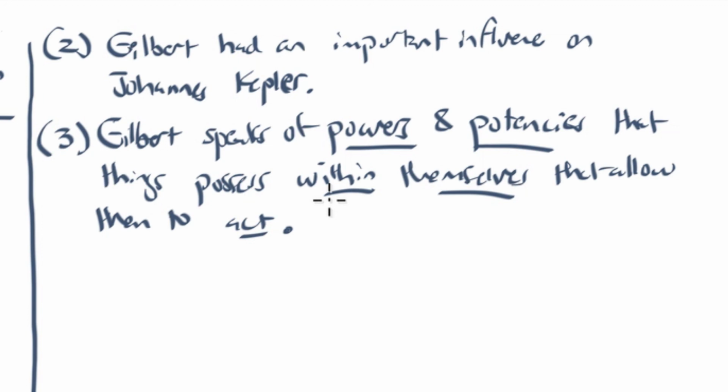This talk of powers and potencies eventually in the modern era would give way to the idea of inert matter or atoms that are governed by laws from outside of themselves. So Gilbert is still working to some extent within this traditional view that things have powers or potencies within themselves. Okay?